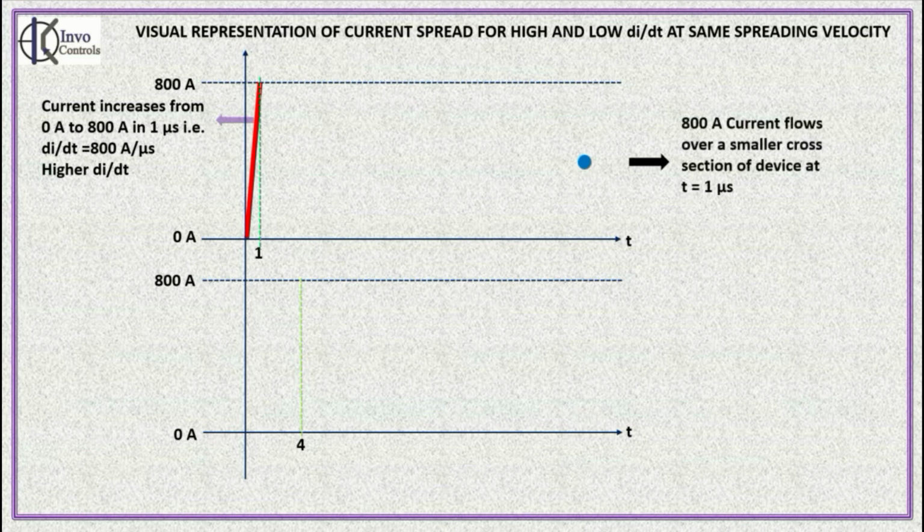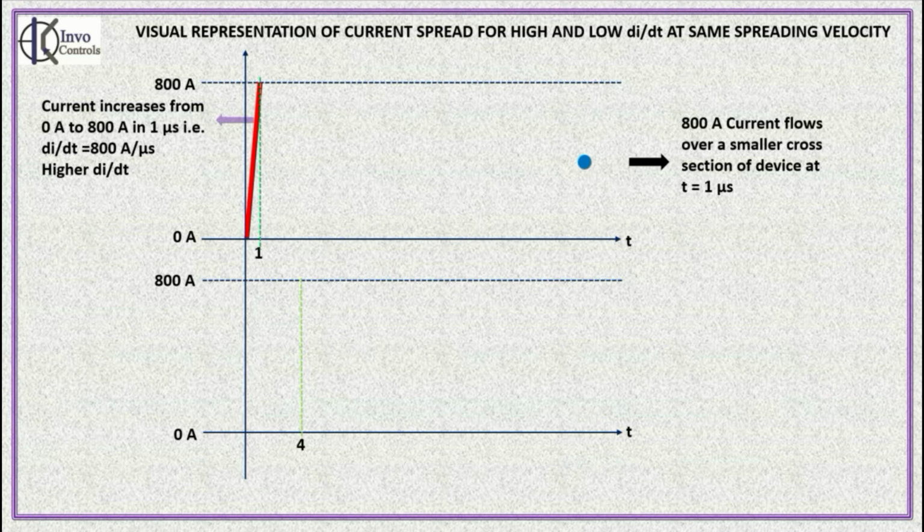Hence, for a given spreading velocity, the extent of current spread across a cross section of the device will be lesser. That is, 800 amperes of current will flow through a smaller cross section. Hence, current density will be high, leading to greater chance of hotspot creation and damage to the device.